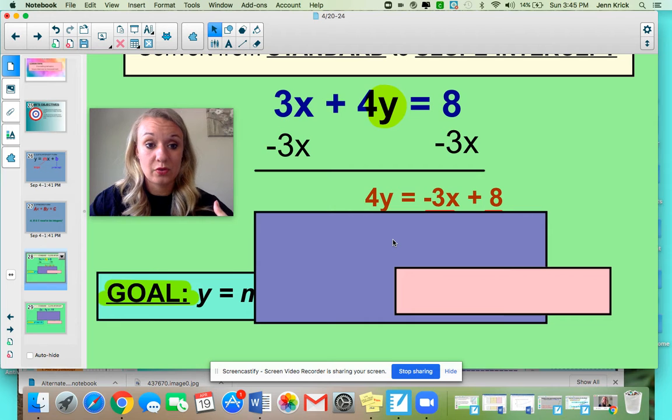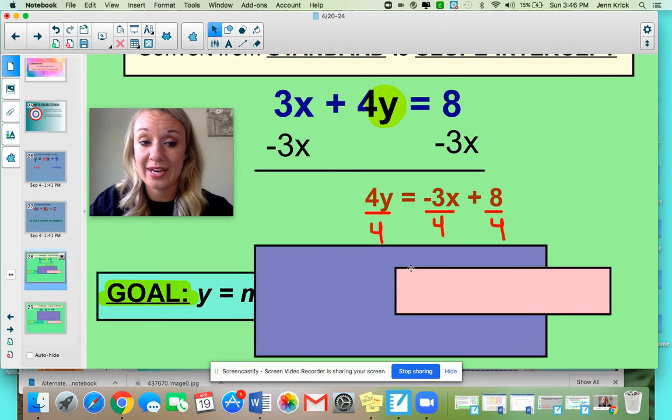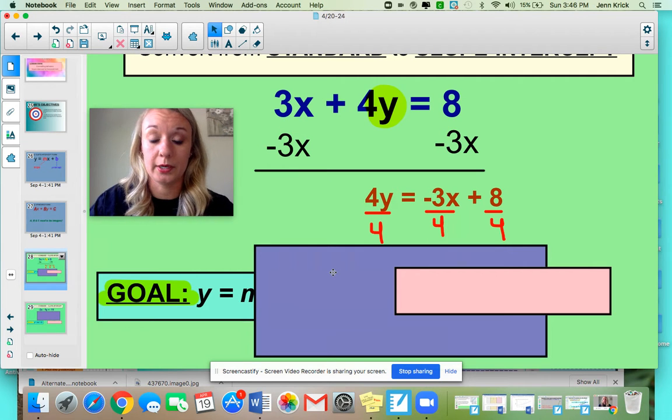Again, though, you just need y to be isolated as the only variable. Because of that, we're going to have to divide every single term by 4. 4 and y are bound by multiplication, so we need to perform the inverse operation, which is division. So notice how I just divided every single piece by 4.